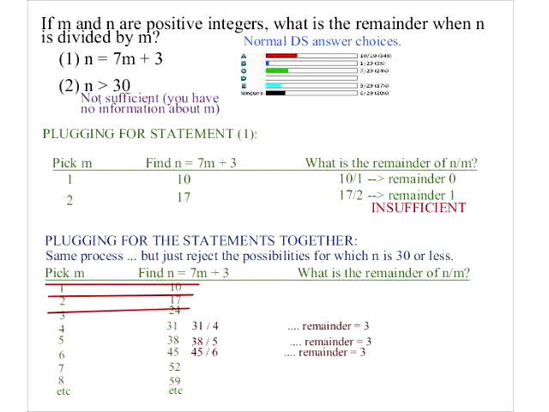Remainder still 3. Etc., etc. The last possibility we've got on here is also remainder 3. So definite pattern, so sufficient. So the overall answer is going to be C. It's not good enough with the first statement, but it's good enough with the two statements together.